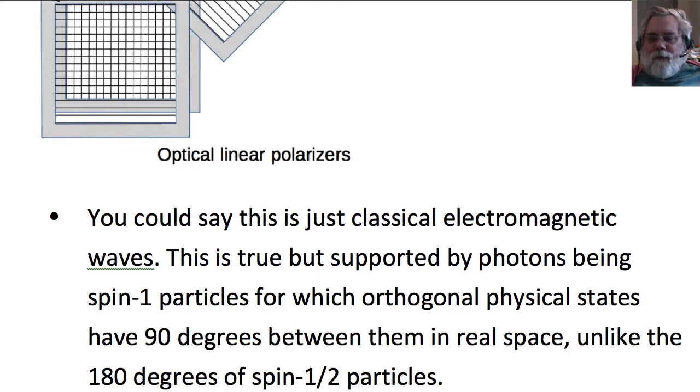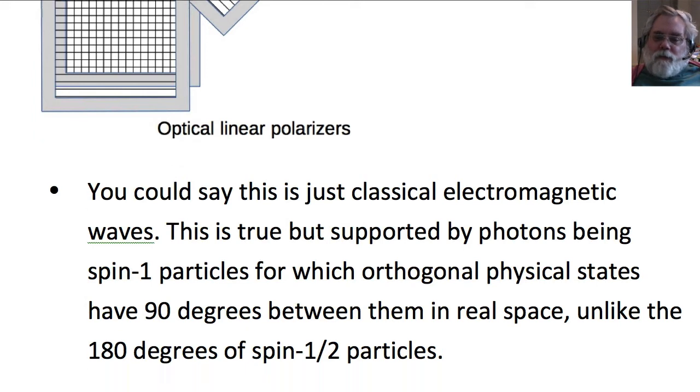I know that happens from electromagnetics. No big deal here, nothing going on here. And that's true, it's a classical experiment. But why does it work that way? It works that way because light consists of photons. Photons are spin 1 particles, which we have not discussed yet. Orthogonal physical states for spin 1 particles have 90 degrees between them in real space, unlike 180 degrees for spin 1/2 particles.